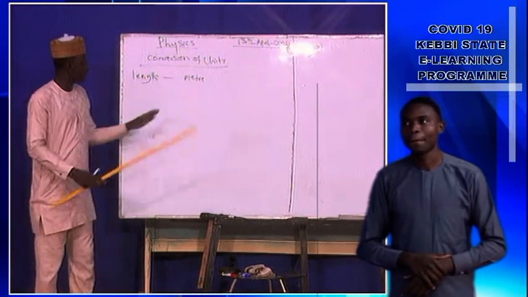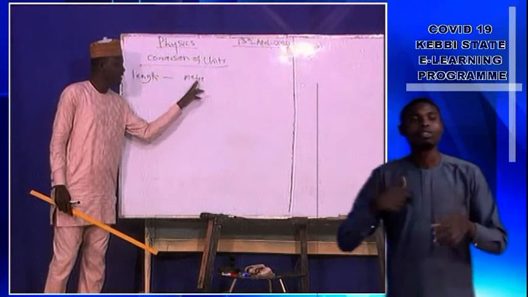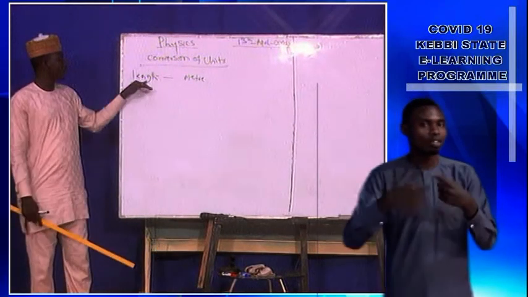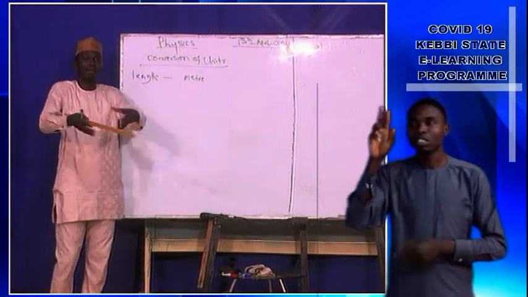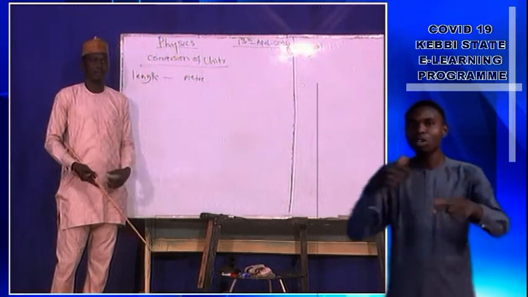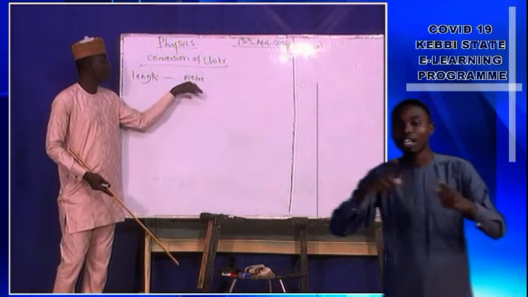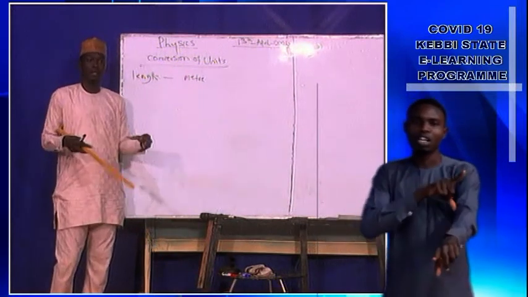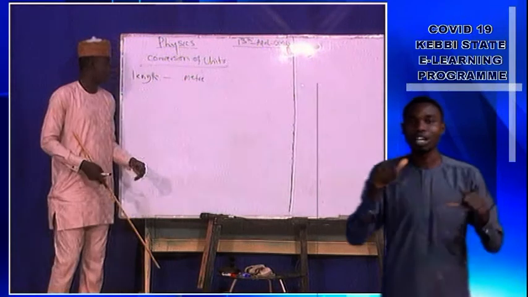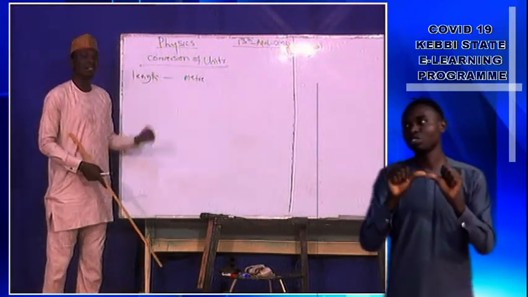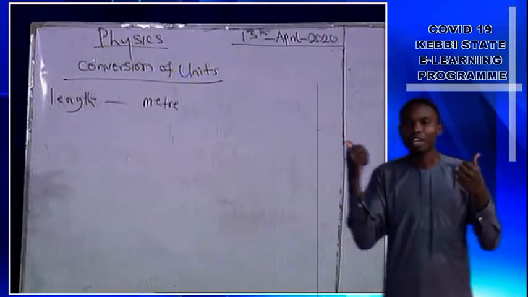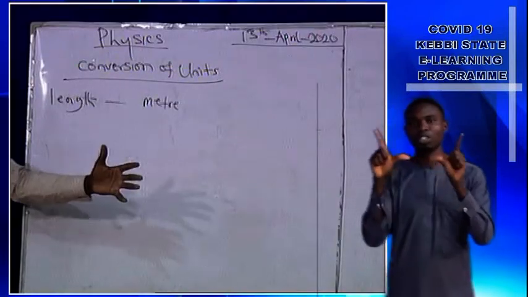If we use only meter in measuring length, we have very short lengths and very wide lengths, so we cannot use meter only. We can use the other classifications of meters in measuring either very small or very wide lengths.